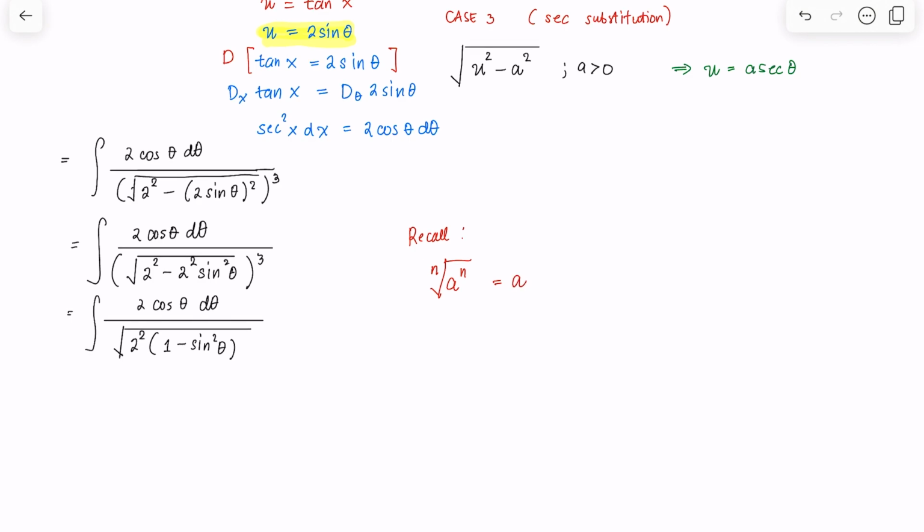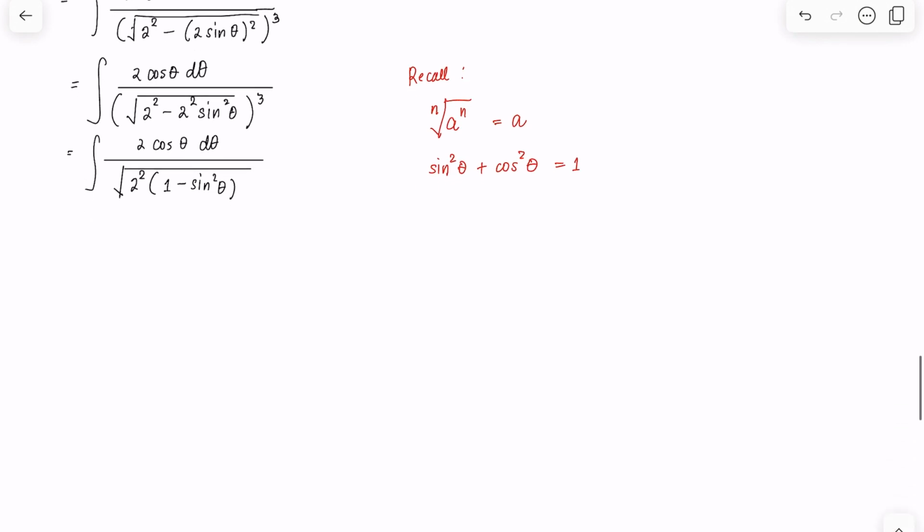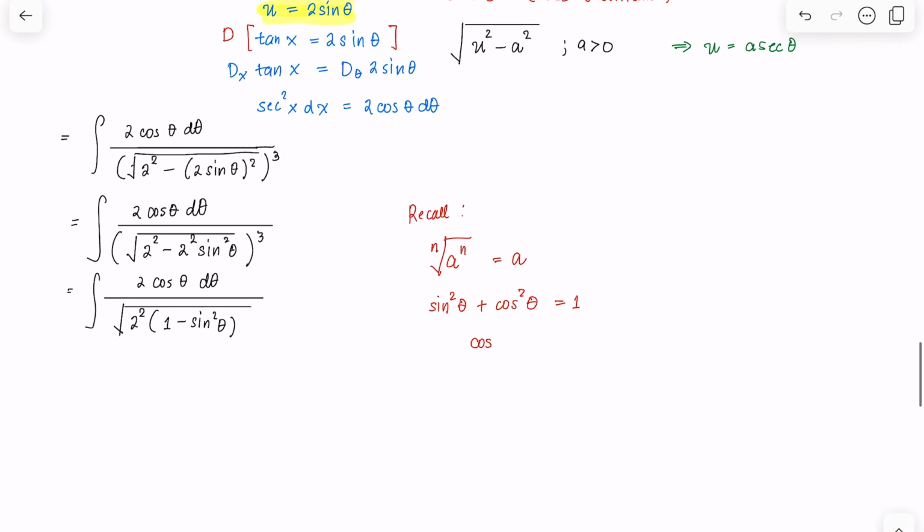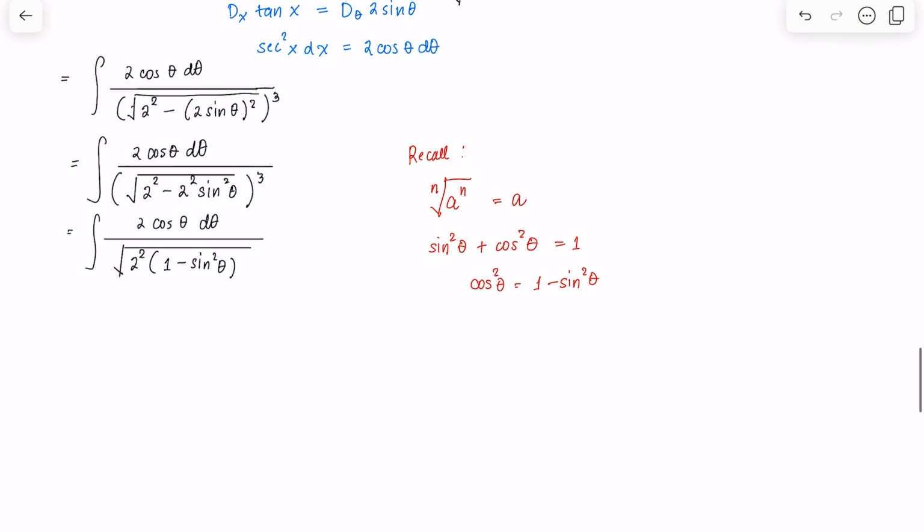Also remember the identity that sine squared theta plus cosine squared theta is 1. This implies that cosine squared theta is equal to 1 minus sine squared theta. These are things that we're going to apply.